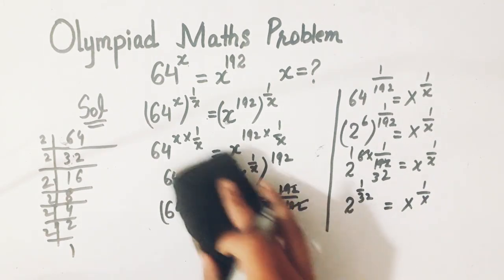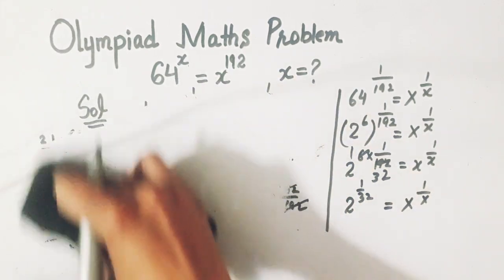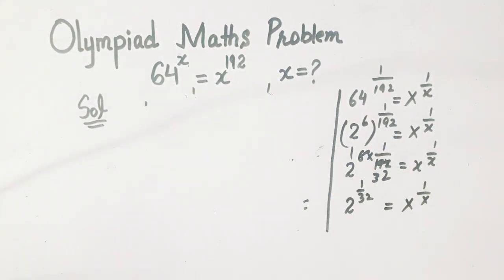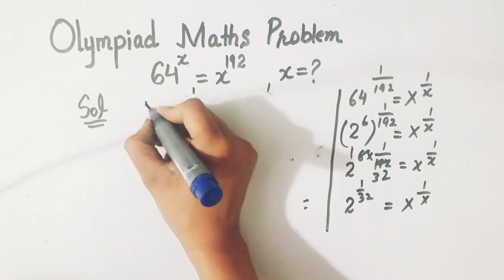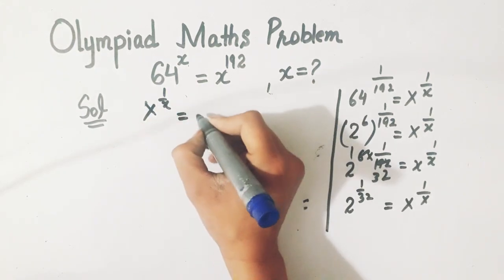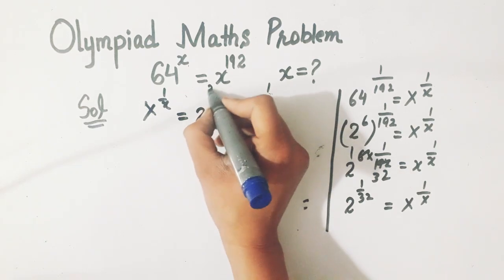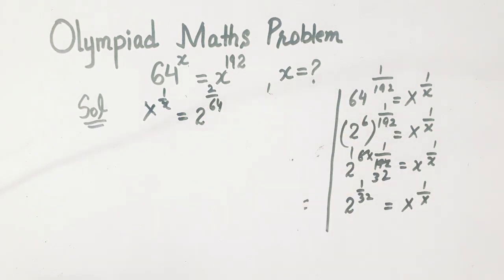So after this we get x raised to power 1 by x, and on this side we write 2 raised to power 1 by 32 as 2 raised to power 2 by 64.